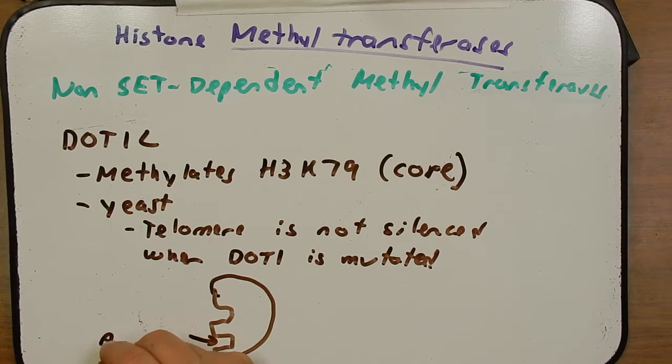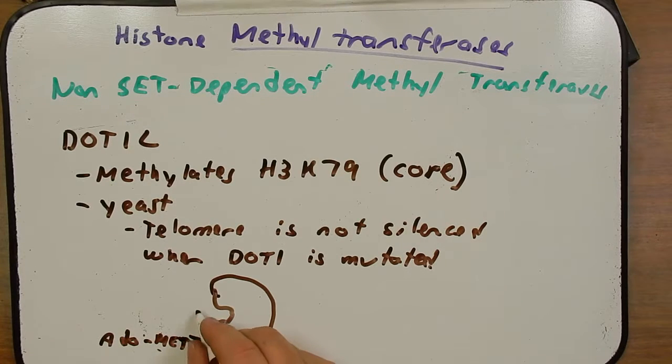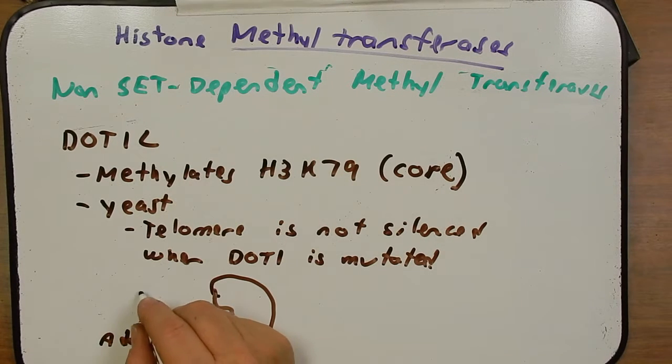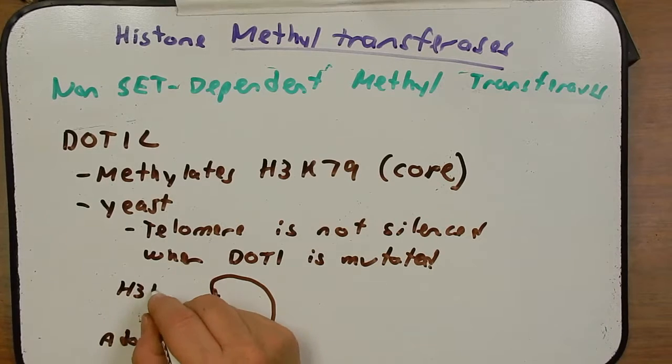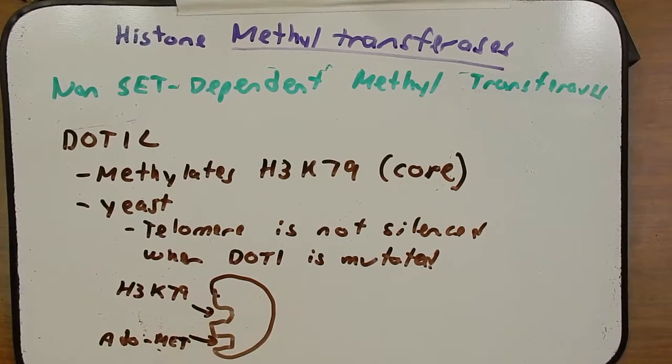One of them takes in AdoMet to provide the methyl group necessary to transfer. And over here would be the H3K79 binding site, with that same idea of keeping that methyl group close to the substrate where it's going to attach. That's all I want to say about these non-SET dependent methyltransferases.